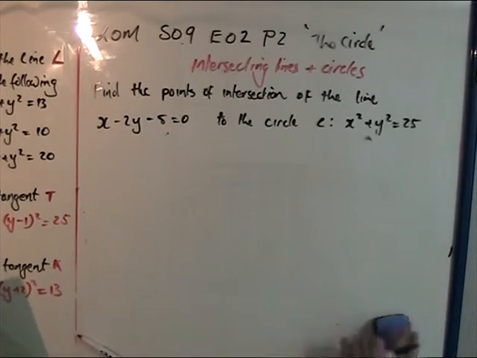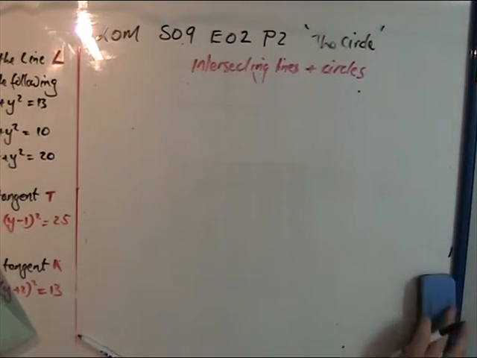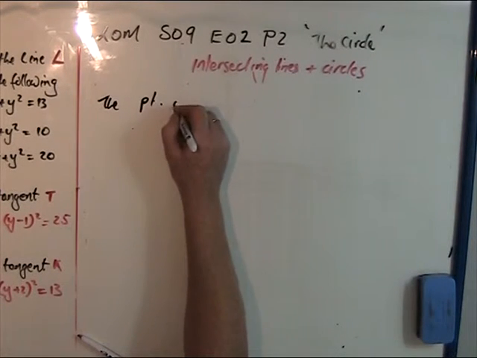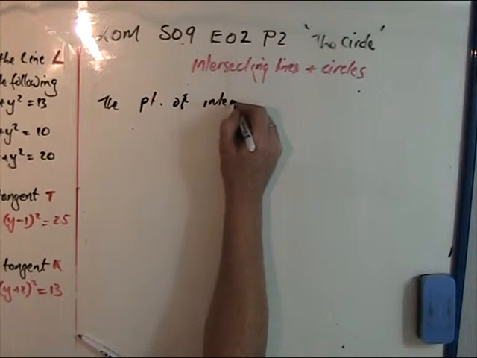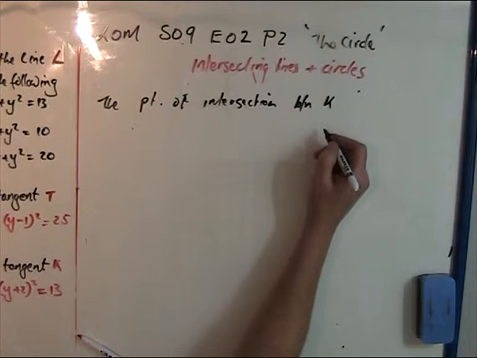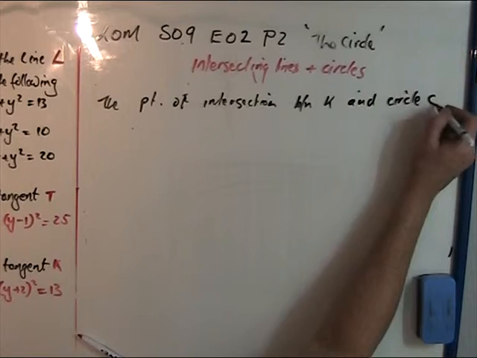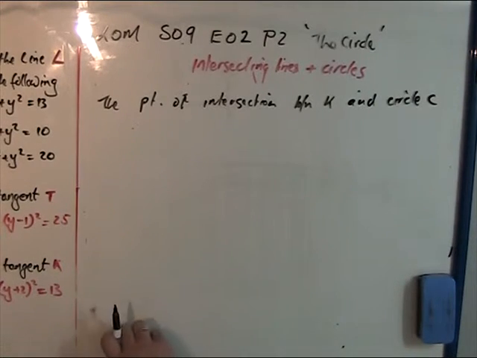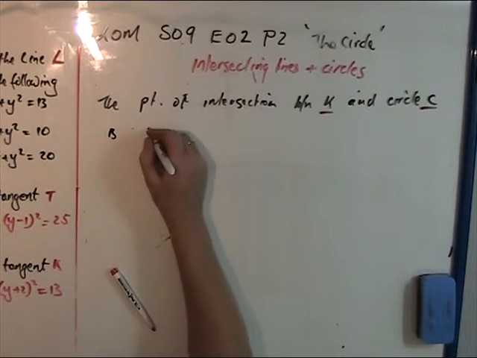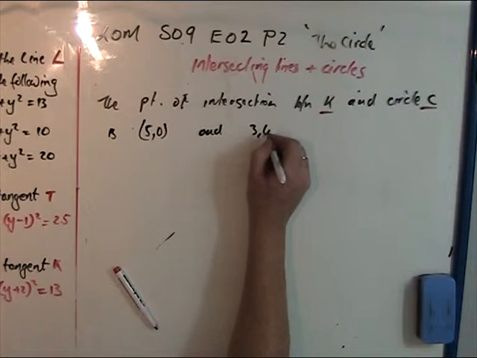Now the next one, I'm going to do another question, and it says, the point of intersection between K and circle C, so you got K and C, is 5, 0 and 3, 4.